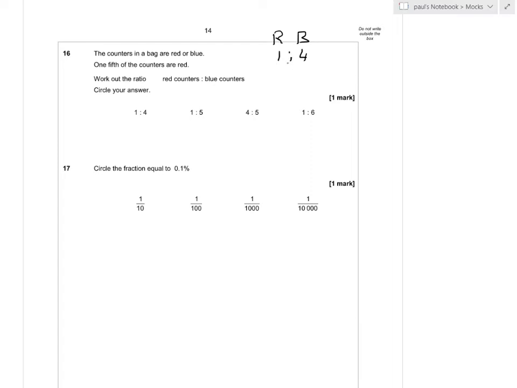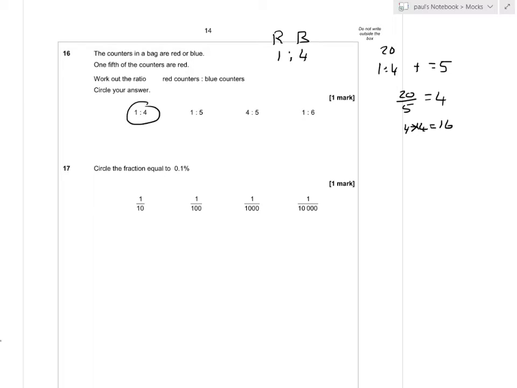Because say if you had 20 counters, and you did them in 1 to 4, you add them up to get 5, and 20 divided by 5 equals 4. So you'd have 4 red, and 4 times 4 is 16. You'd have 16 blue. So it's 1 to 4.